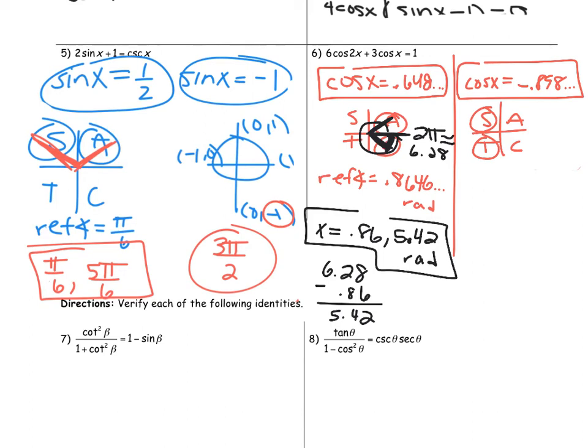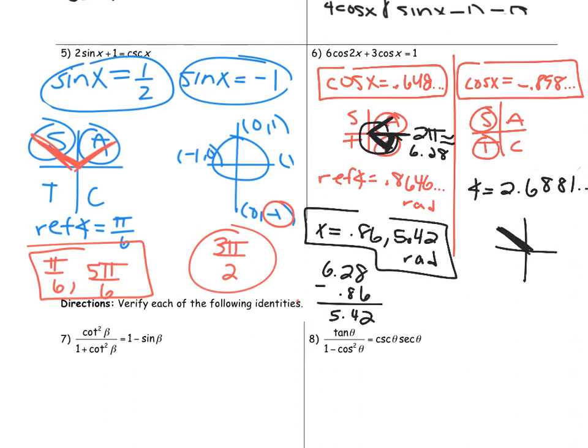Now if I take a look at cosine of x equaling negative 0.89, again, I'm going to go into my calculator, take cosine inverse of that value, so negative 0.898924, and I end up getting my angle to be 2.6881, blah, blah, blah. So I know that's telling me one of my angles right here.